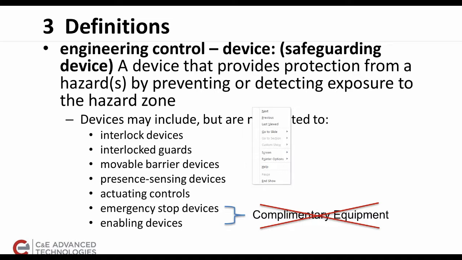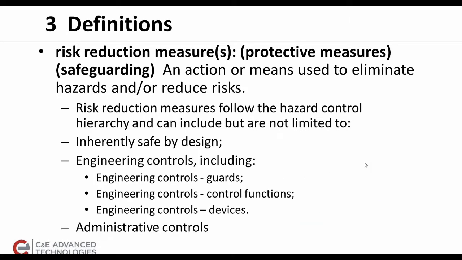That term has been eliminated, and we now list emergency stop devices as part of the engineering control device listing, as well as enabling devices, even though enabling devices, for example, are used in cooperation or in coordination with other devices such as jog buttons and so on.